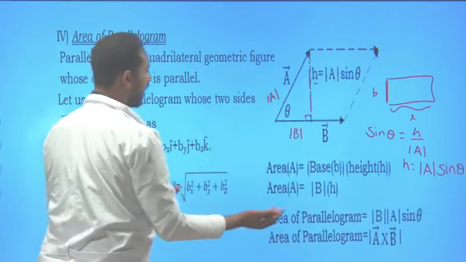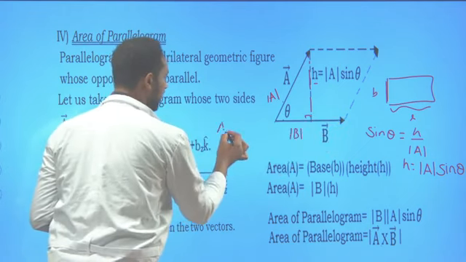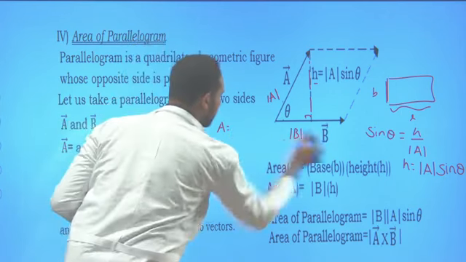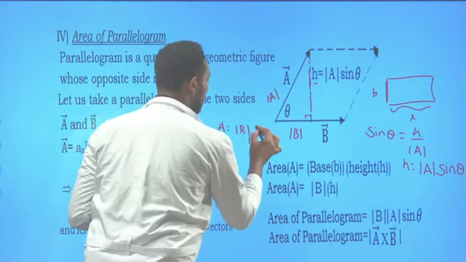And we know that the area of a given parallelogram or rectangle is length times width. The length is, in this case, the magnitude of B, times the height h.